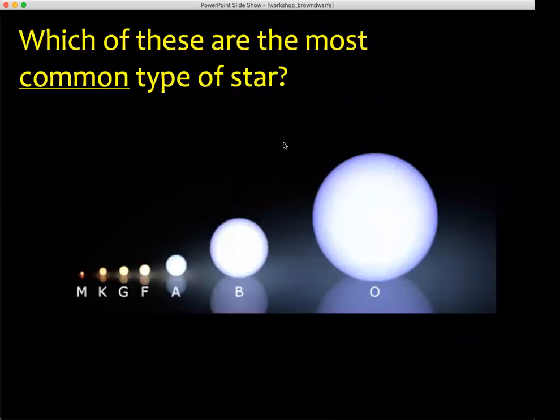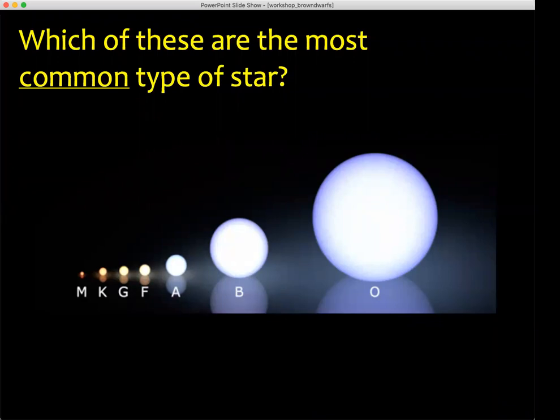All right, so now I want to talk a little bit about what we're doing with these objects and why they're important. I'm going to ask you first a polling question. I mentioned really briefly yesterday the spectral sequence of stars. Remember that is based on what the spectral appearance is.